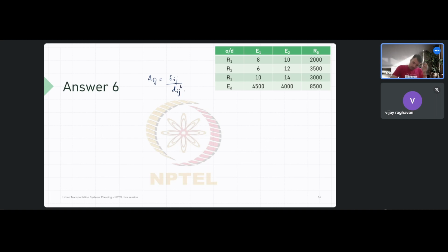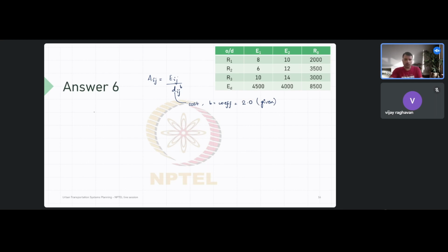Here d is nothing but the cost of travel. This is the interzonal travel time, that is d. B is the coefficient or the power given in the problem. E_ij we have to find.